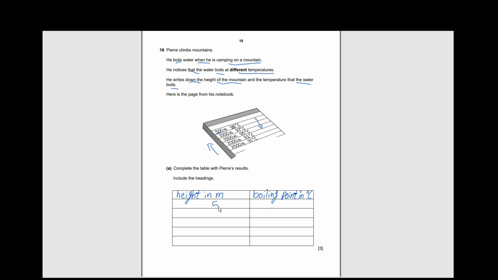So 500 meters is 98, 1,000 is 97, sorry, 95.